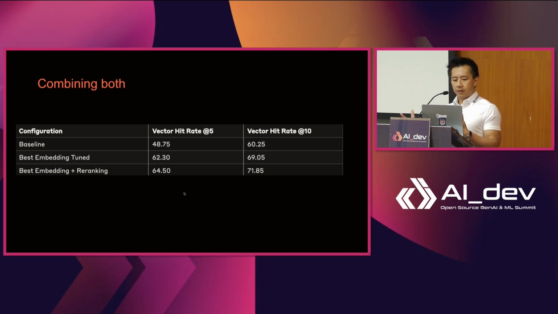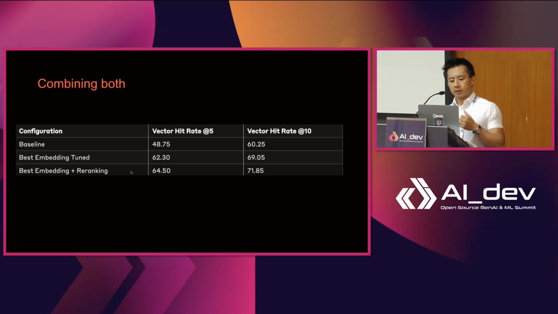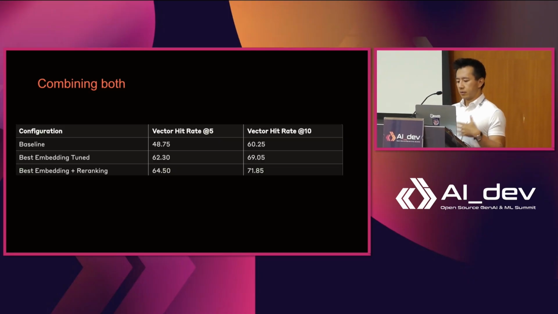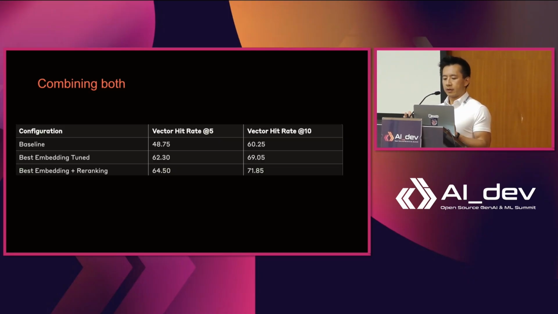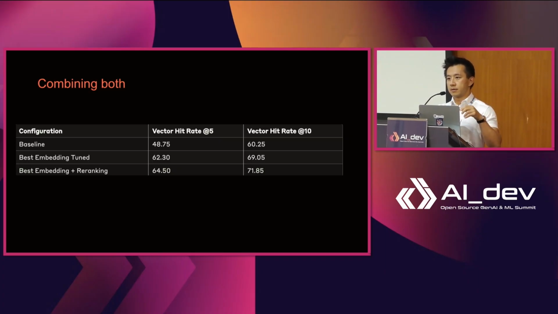So at the end of the day, if you're thinking about improving your hit rate over time with retrieval, it's easy to combine fine-tuning both the embedding model and the re-ranking model, and these things are a lot simpler than fine-tuning the LLM itself, and you get pretty substantial improvements in your hit rate. So the way to think about it is, start with the more deterministic, non-model based improvements.